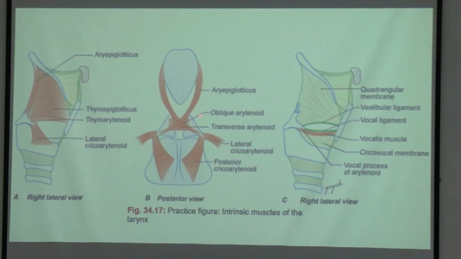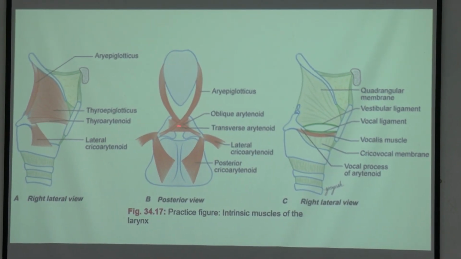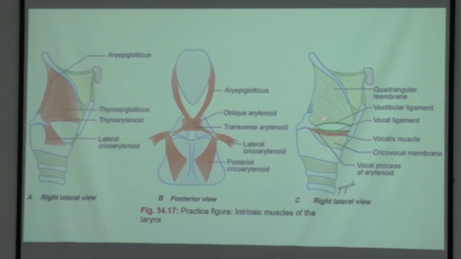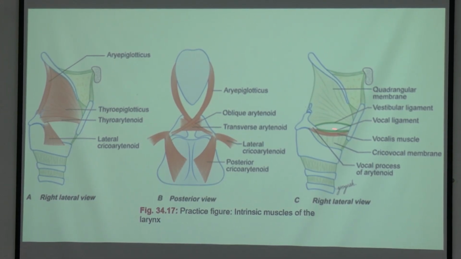This is the oblique arytenoid, and this is the transverse arytenoid. This is the vestibular fold, in which we get the vestibular ligament. This is the vocal fold, in which we get the vocal ligament.